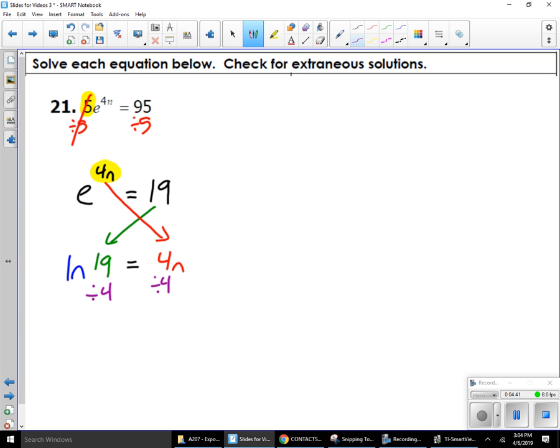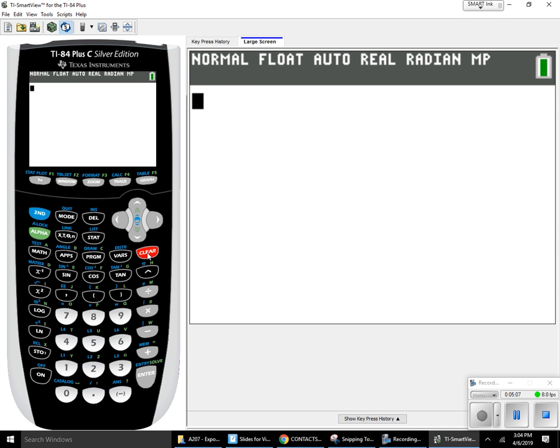Keep in mind, that 19 is inside the log. So natural log of 19 divided by 4 is not what we want. That divided by 4 is applying to the whole thing, so a good set of parentheses can help you avoid that mistake here. The whole thing is being divided by 4, not just the 19.